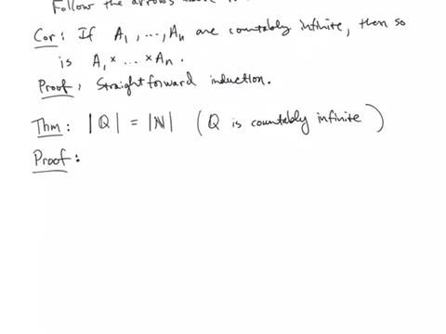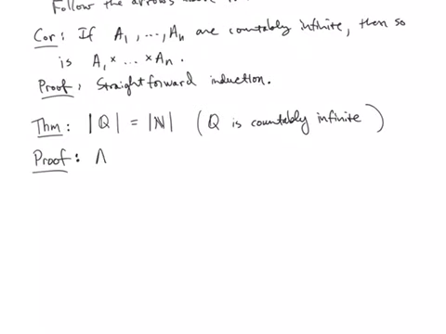The proof is basically just from the definition of Q. The elements of Q are defined by ratios of integers, right? So what we're going to do is put Q into correspondence with a subset of Z cross Z, more or less. Since we know Z times Z is a countably infinite set, any subset is going to be countably infinite by a previous theorem, and so Q will be countably infinite.